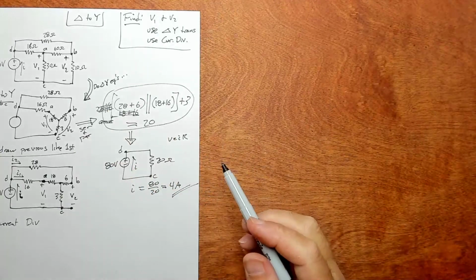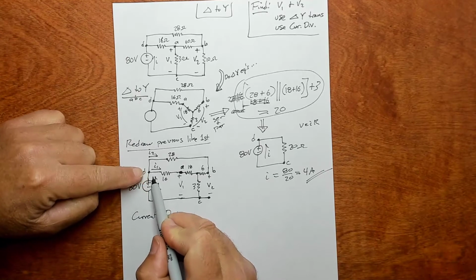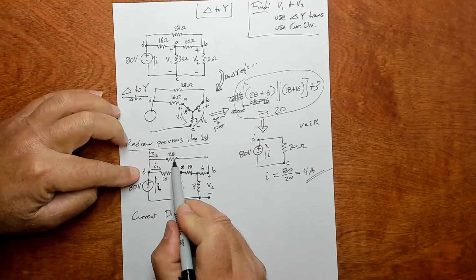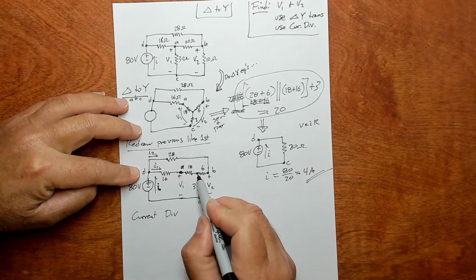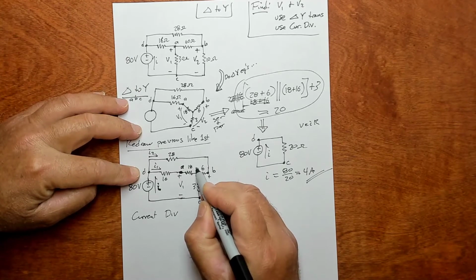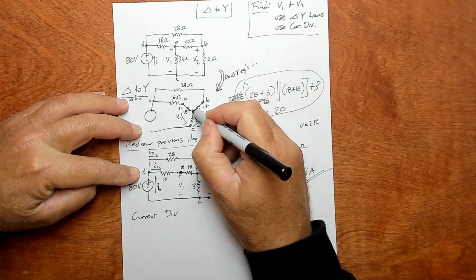So I is coming into node D and splitting. Some's going this way, and some's going this way. But they come back together here at node N. Let's call this node N for neutral, which would be right in here.